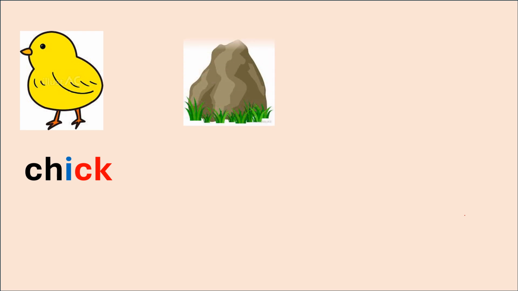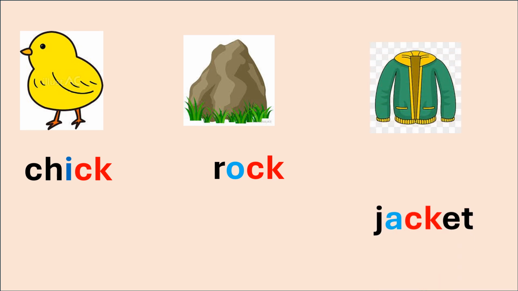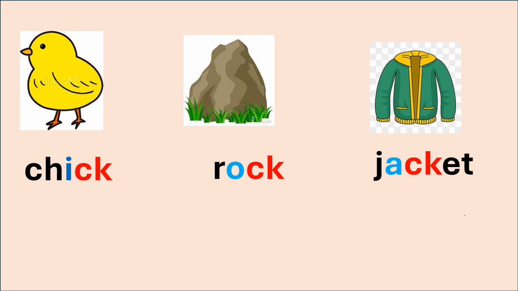So here we have a chick, C-H-I-C-K, chick, with the short I. Then we have a rock, R-ock, rock. There's a short O. And here we have a jacket.